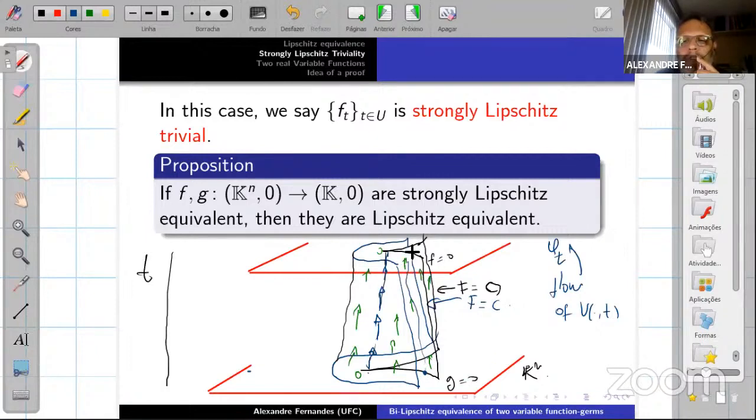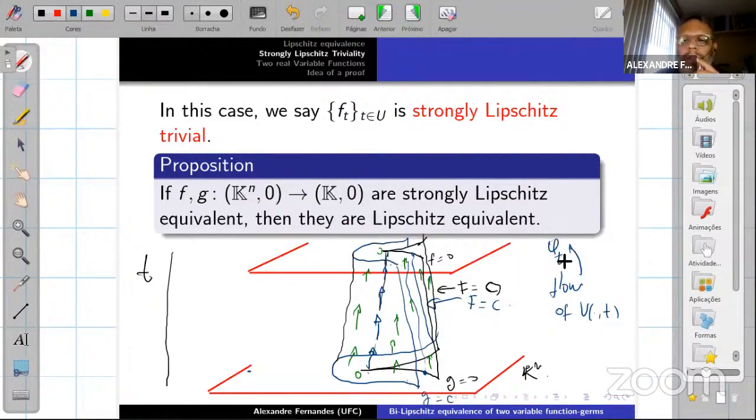Once we are tangent to the fibers, this flow sends the special fiber to the special fiber, the c level set of g to the c level set of f. They preserve the fibers.